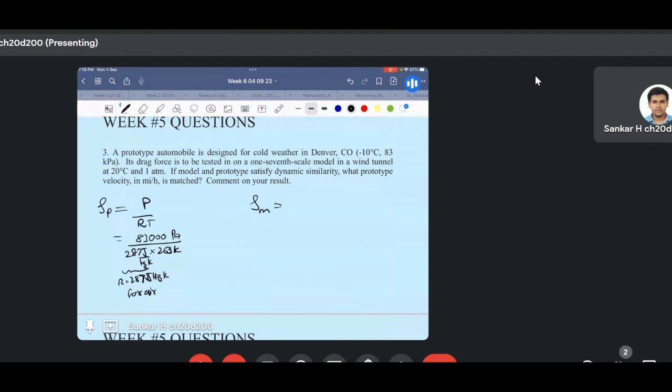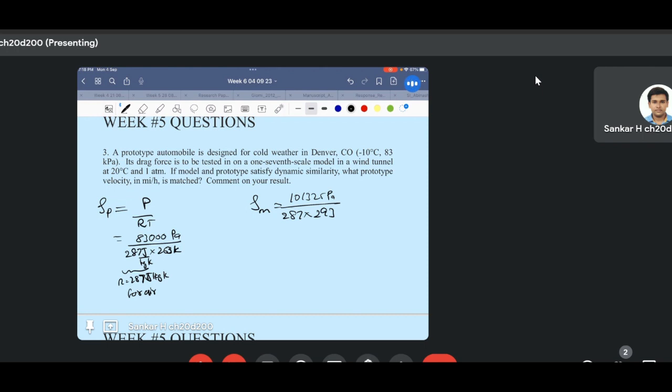Similarly, rho m is given by P by RT, at 1 atmosphere and 20 degrees Celsius, which is 101325 pascal divided by 287 times 293. Therefore, we have the densities.